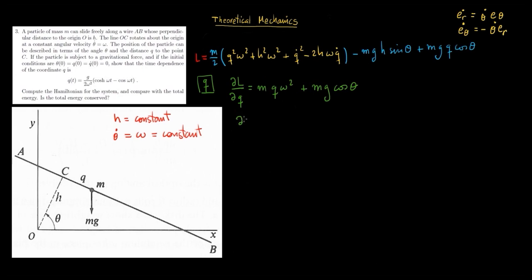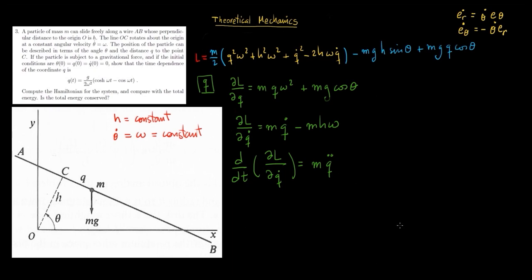Okay, let's now calculate the derivative with respect to q dot, which equals m over 2 times 2q dot minus 2h omega, and let's delete the 2's. Okay, so the time derivative will equal m q double dot minus 0.